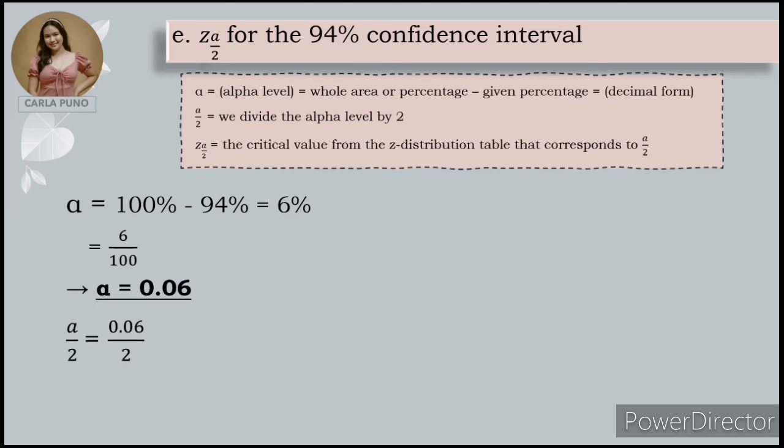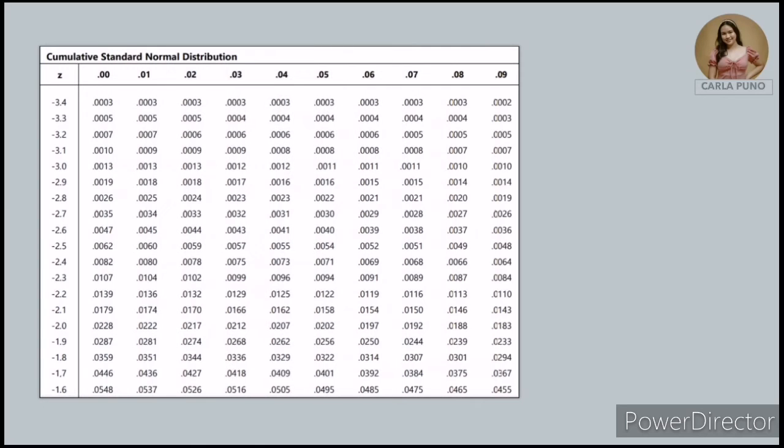And we divide it again by 2. So we get alpha divided by 2 equals 0.03. And we look for the closest value of 0.03 on the z table. Remember, we are looking for the closest value of 0.03.